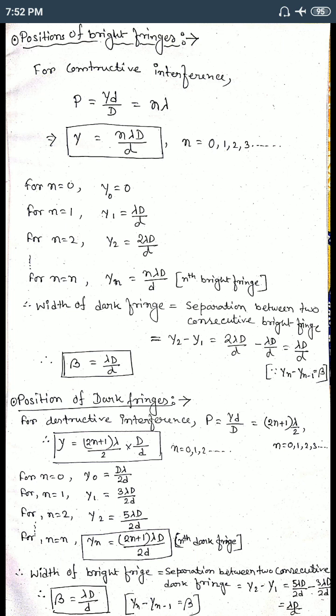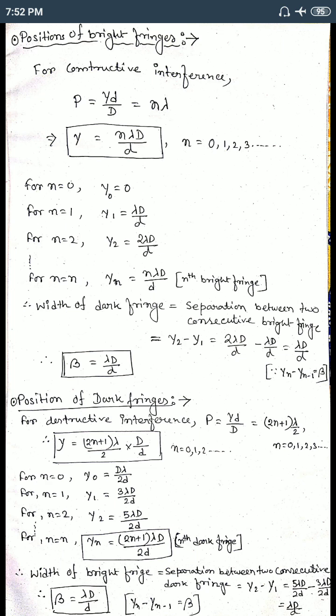Here we consider only n2 and n1, but if you want n and n minus 1, then in place of 1 and 2 you can write yn minus y(n-1). So we get λD by d, and the width of the fringe is denoted by beta. So beta equals λD by d.